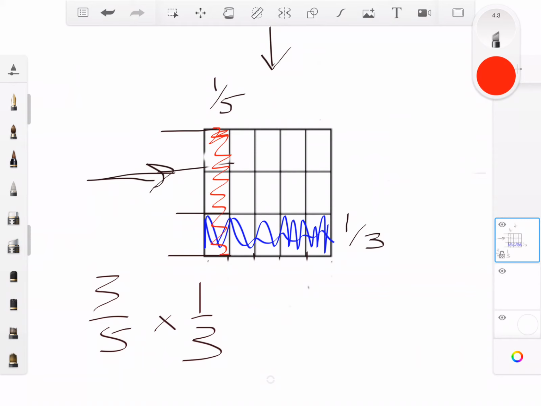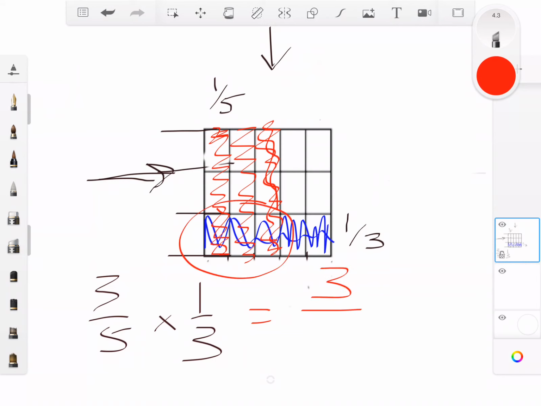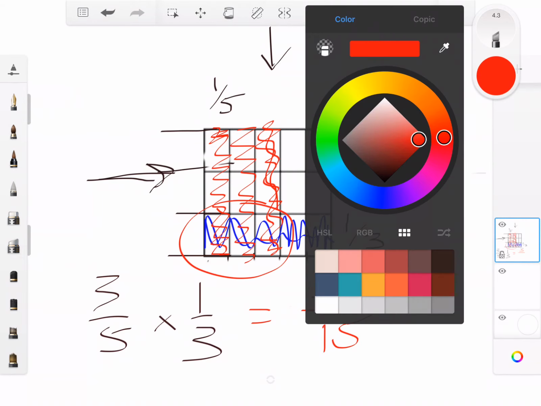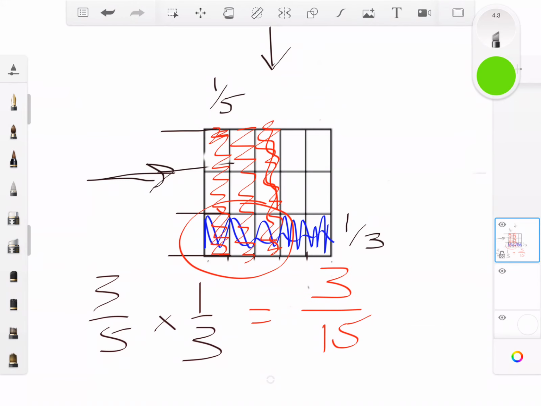One of them, two of them, three of them. 3/5 are shaded red. We can see that 3 of the squares are double colored. They're both blue and red. They overlap out of a total of 15 parts. And for the first time, we can reduce or simplify it. If we divide both the top and bottom by 3, we get 1/5. So that can be shown with the model there.